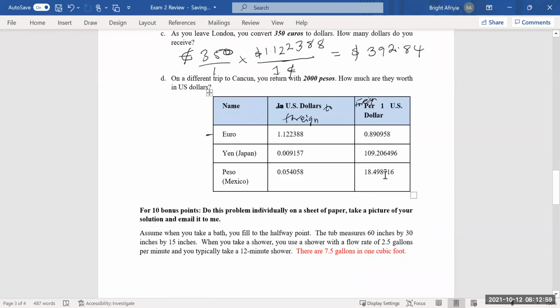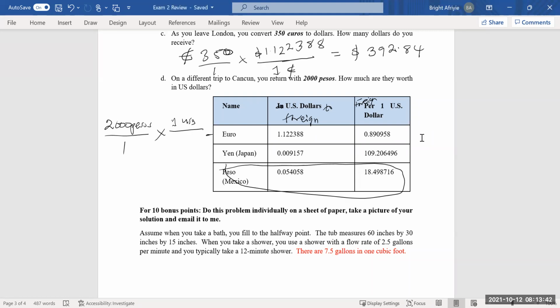Now on a different trip to Cancun, you return with 2,000 pesos. How much are those worth in dollars? So you have 2,000 pesos. I confuse that all the time. Now, what's the exchange rate? You're talking about the pesos here.